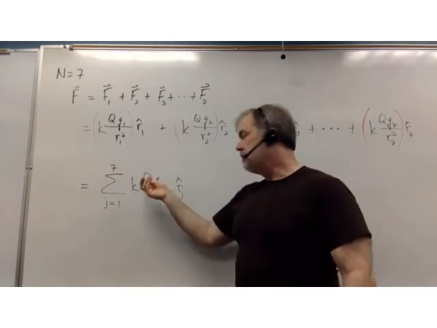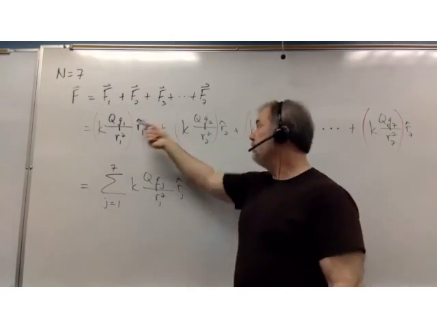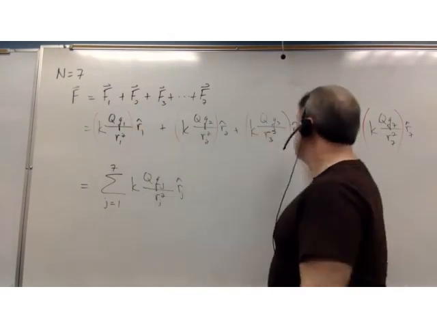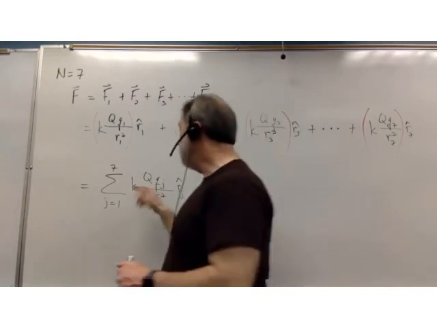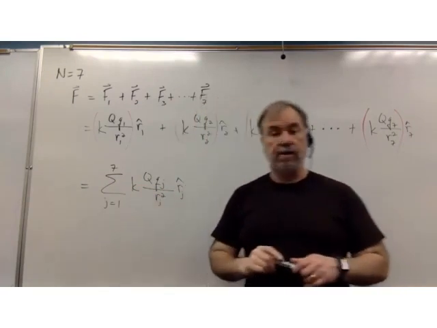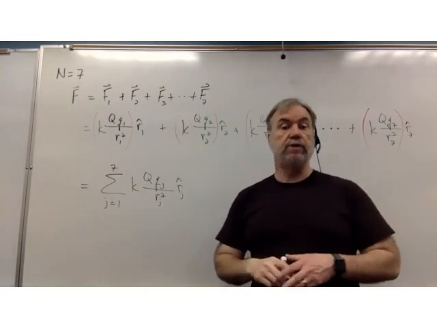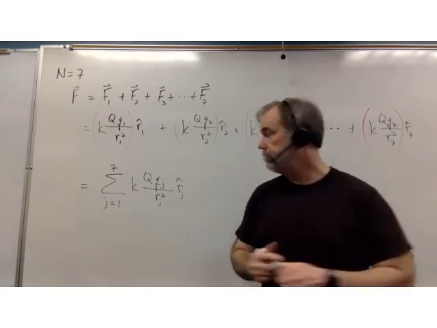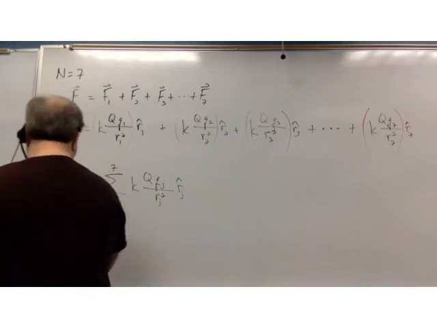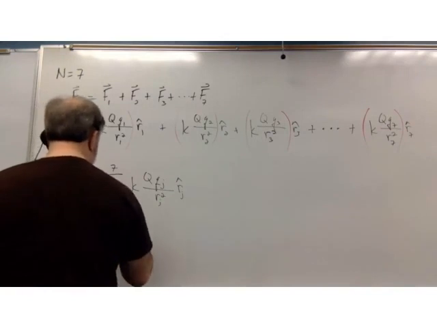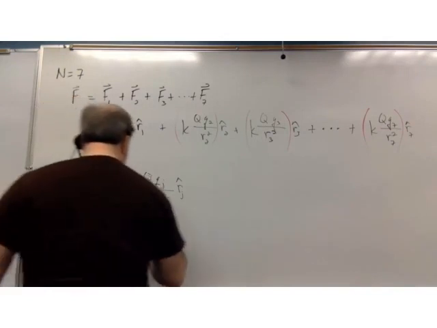But q, of course, is the same for every one of these terms, so I can pull it out of the summation entirely. The same is true for the k also, but for various reasons, I'm going to leave k inside the summation. So the net force then is the test charge times this summation.